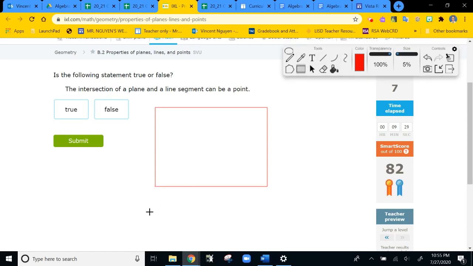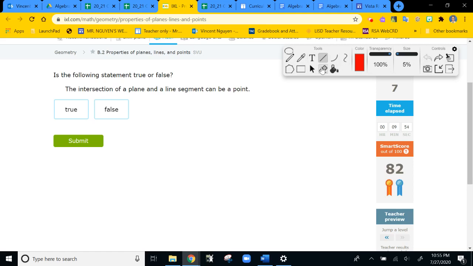I don't know if I can draw this. Oops, that's still a plane. Sorry about that. I need to draw a line segment. So let me draw one like this, and then it continues on forever like that. So as you can see, if a line segment goes through this plane, this point right here is where they actually intersect. So I'm going to say this is a true statement.